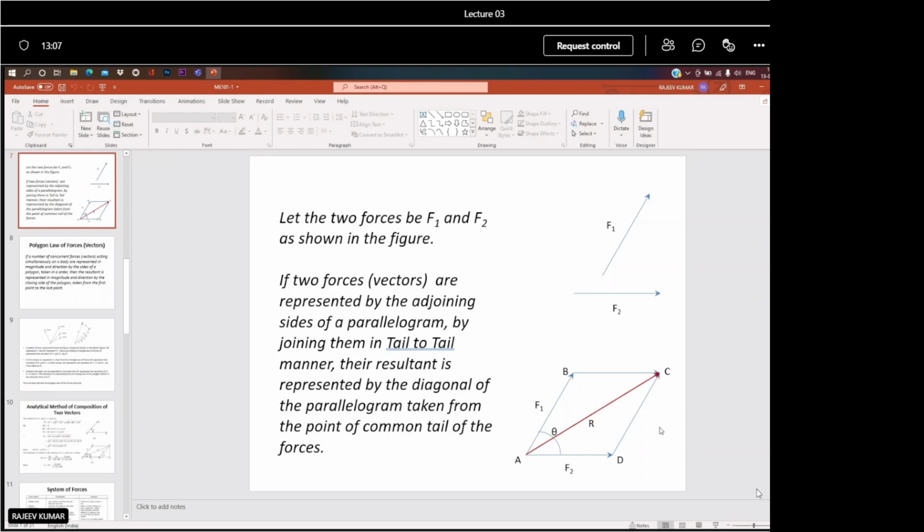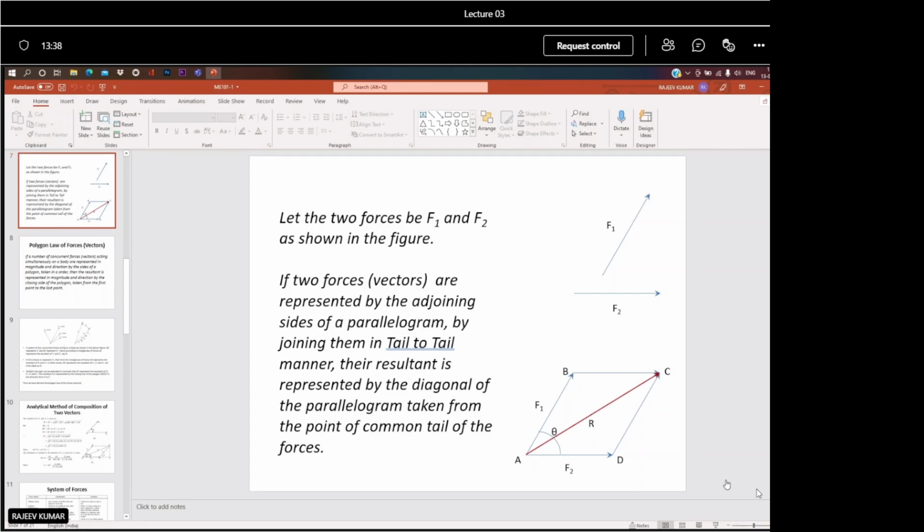So see here, three forces are there: F1, CD, this will become F2, and this is F3. Can any students tell me, are F1 and R coplanar or concurrent forces or not?